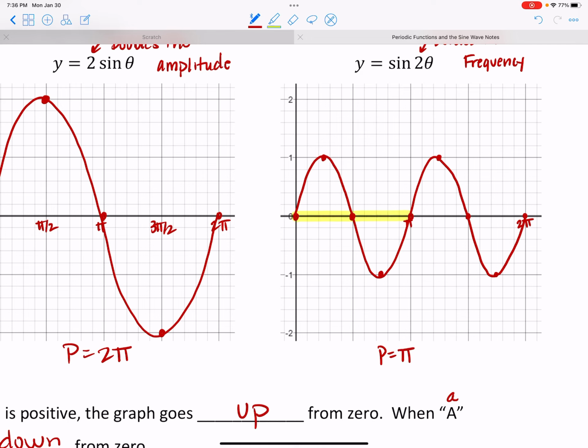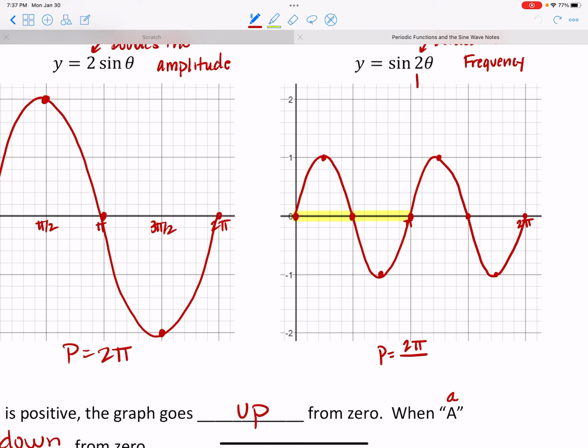So in general, how do we figure out what that period is without having to look at the picture? Well, it's directly affected by that number, by b. We're going to take our normal period of 2 pi and divide it by how many cycles we have to fit into that 0 to 2 pi.